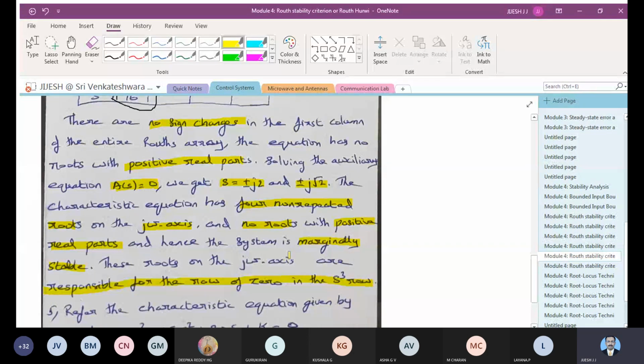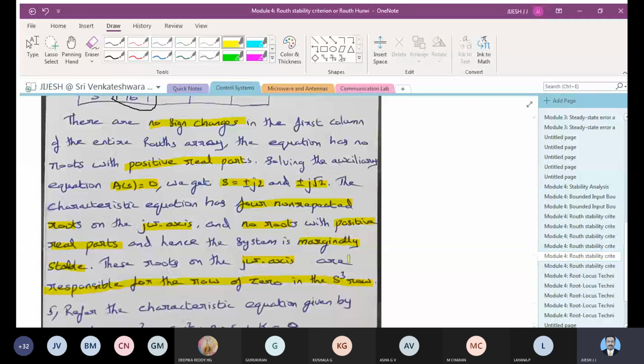Since the roots you calculate, that is when you substitute A(s) = 0, you get s = ±j2 and ±j root 2. You make sure that the roots are formed on top of the j omega axis, and you can say that it is marginally stable.